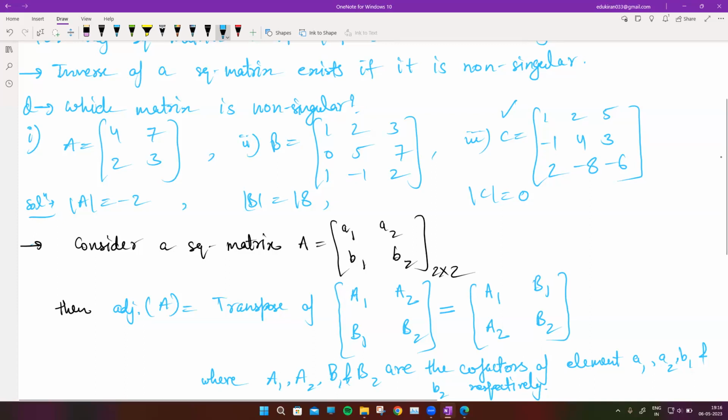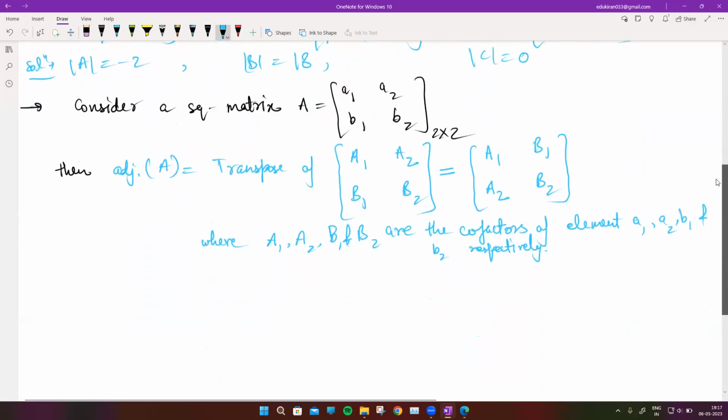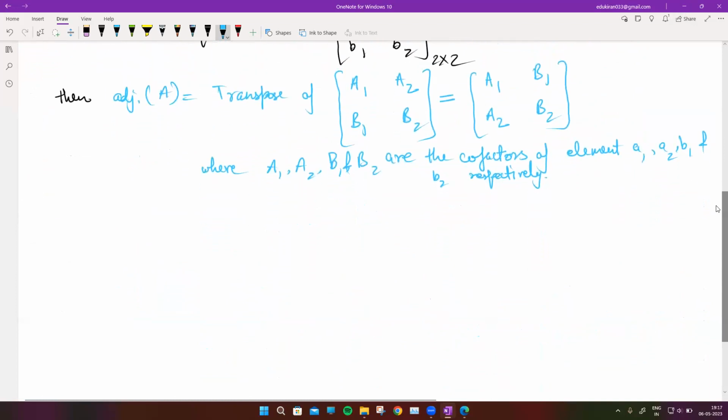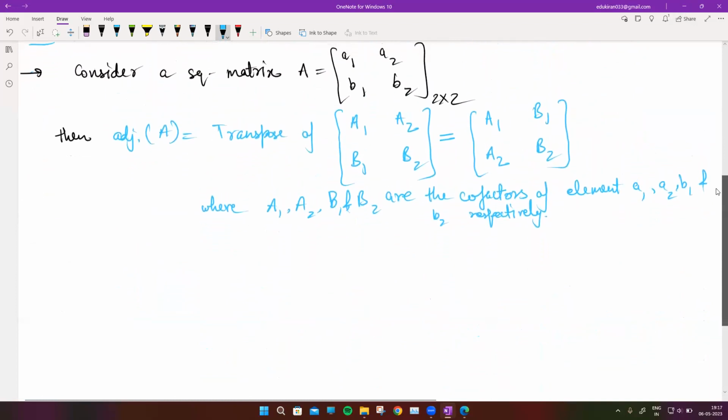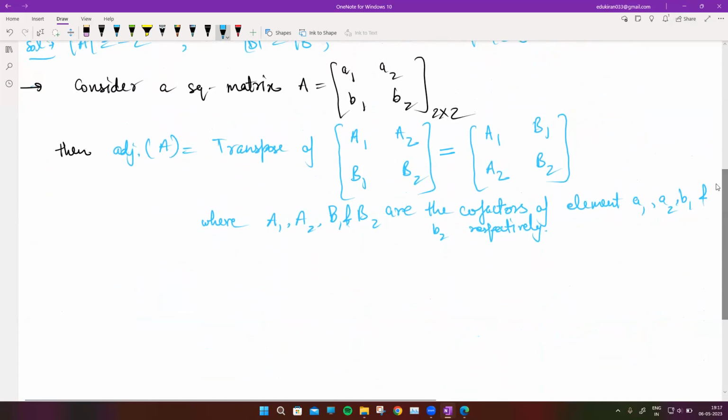Now let's find out the adjoint in terms of these values. I will try to revise the concept of cofactors again. I don't know why you are not calculating determinants every time I ask you, but please try to understand it again.